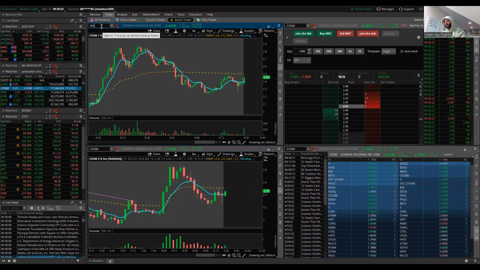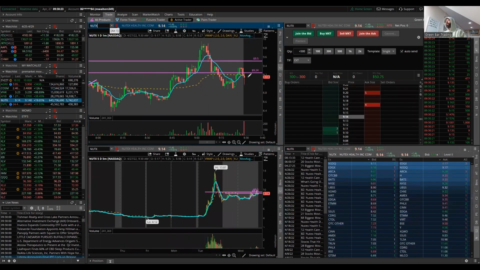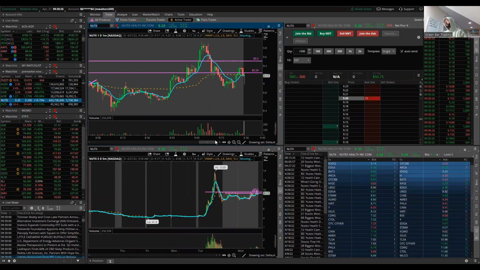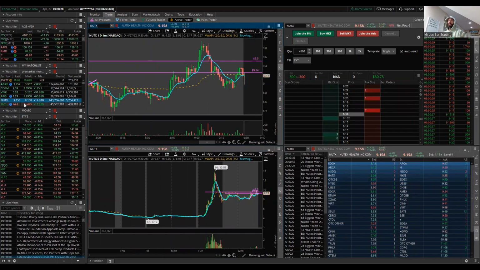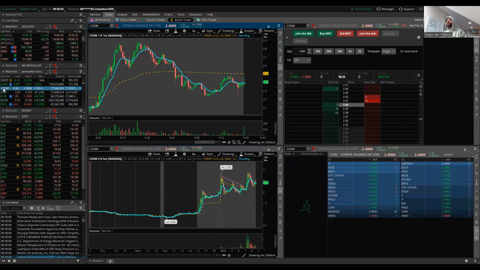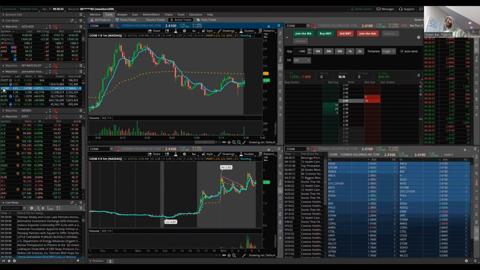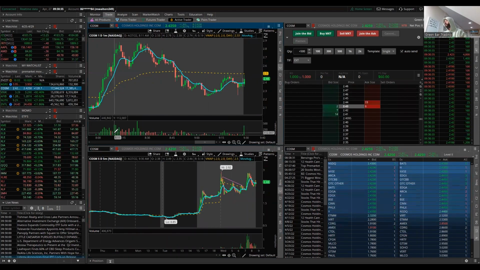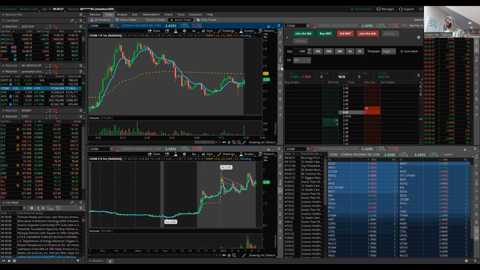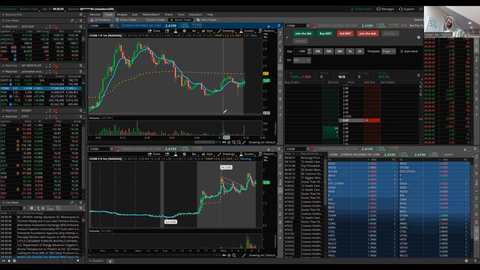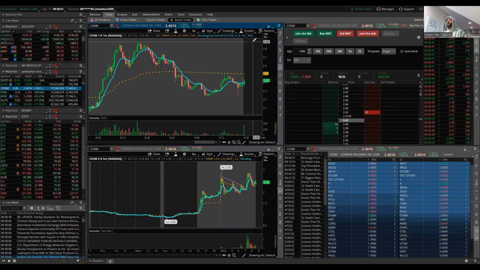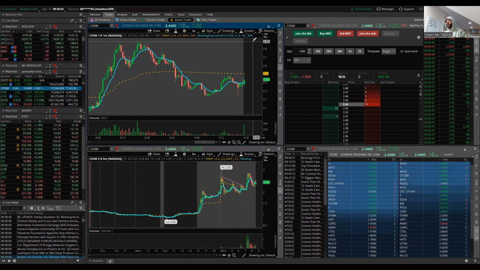Let's see the other one that we were trading. Pulling on back a little bit. Could do a red to green, who knows? COSM trying to hold up here. If this could break through 250 and VWAP, this would look good for a pushback to the highs here.